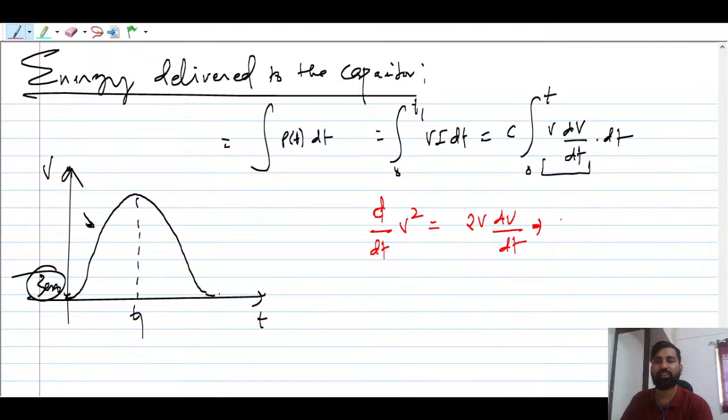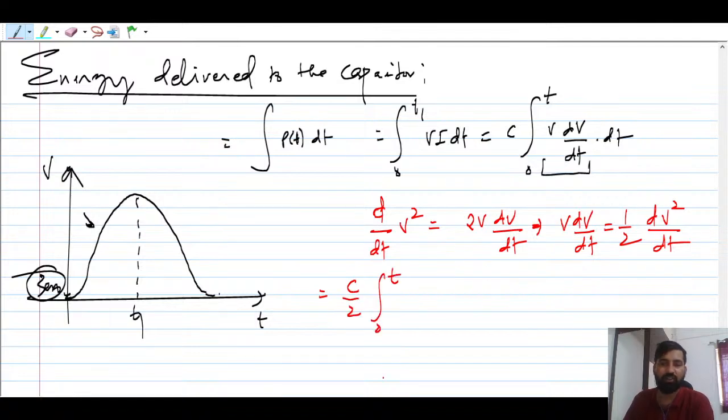So v dV by dt is going to be equal to 1 by 2 d(v square) by dt. You just put this here: C by 2, the 1 by 2 comes out, integral from 0 to t1, d by dt of v square, dt.